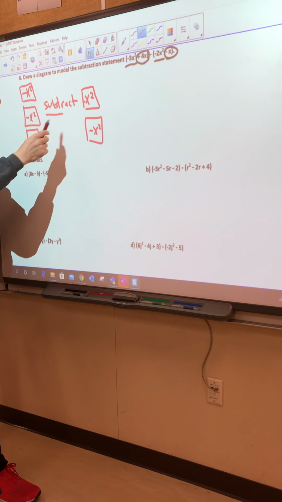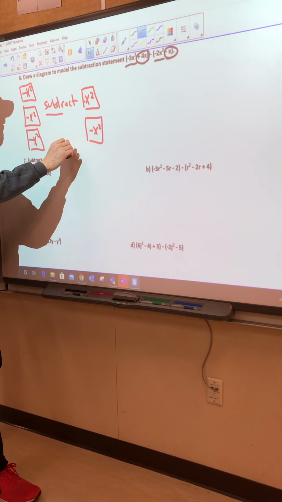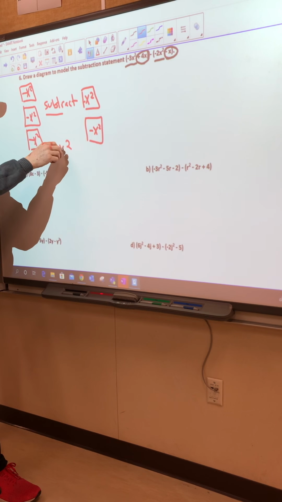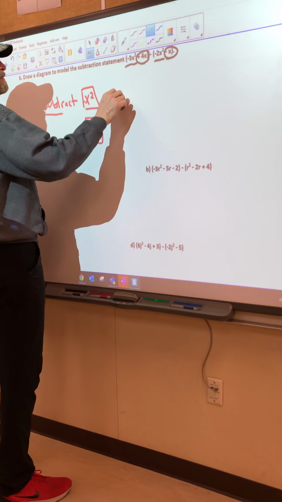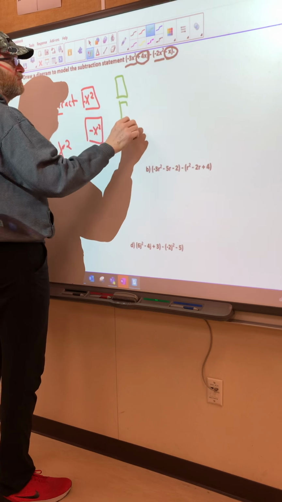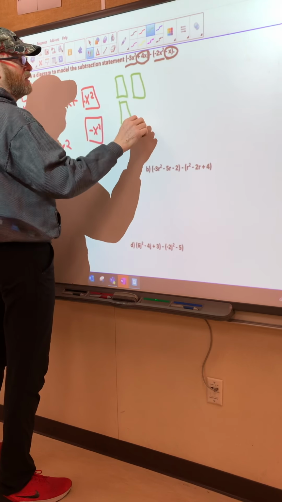So when we do all this, we end up with x squared, like one of them, 1x squared. And then your x is over here, 4x. Positive 4x, 1, 2, 3, 4, shade them in because they're positive.